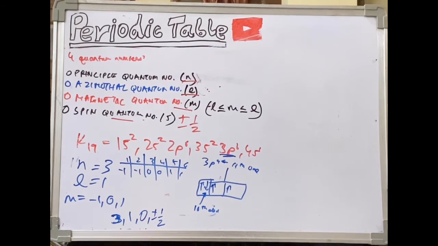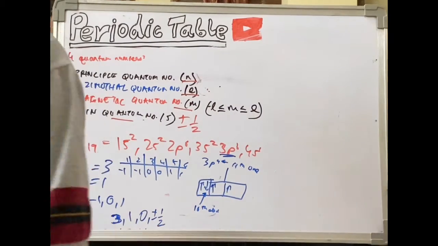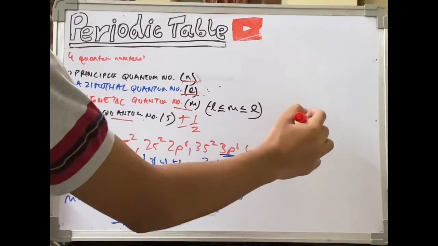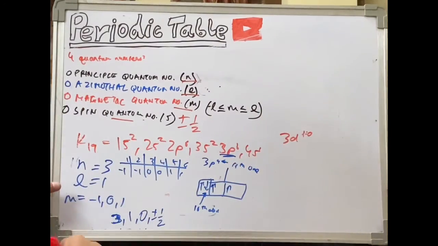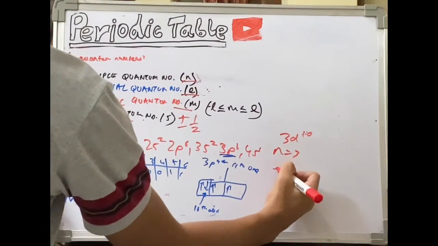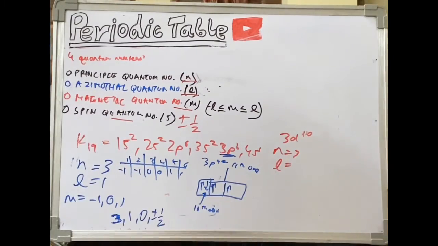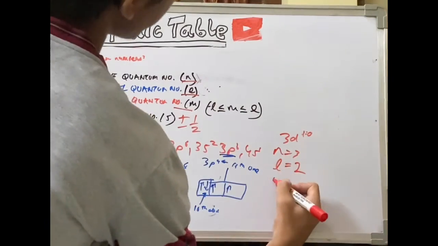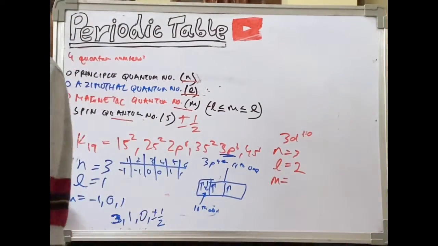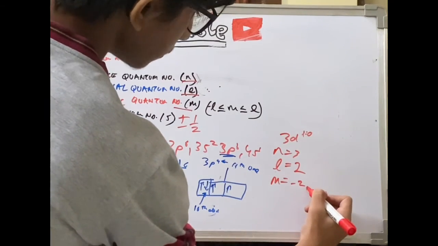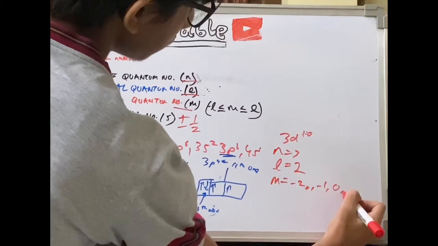Next, now we'll do it for 3d10. If you want the 10th electron over here, what will be the quantum numbers? n will be equal to 3, that's very easy. Now for d, l is equal to 2, the general value, and then m will range from minus 2 to 2, so it will be minus 2, minus 1, 0, 1, 2.